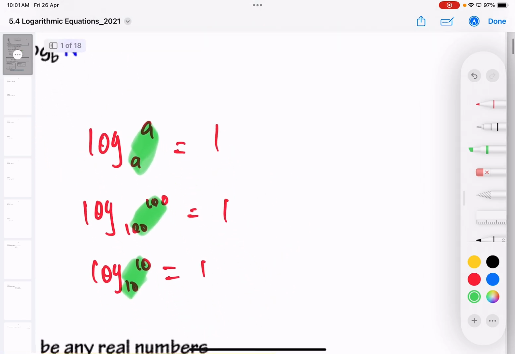Another log law that you have to know is that if you have a log of any base, let's say log base 3, but the end result is 1, the answer is always going to be 0. Because again, what question does logarithm strive to answer?